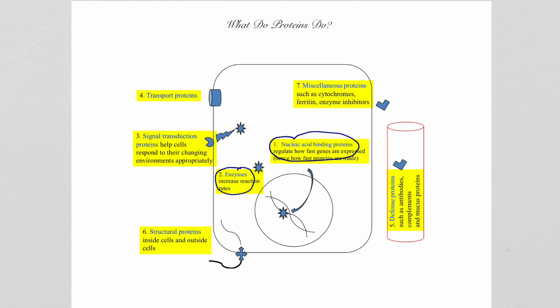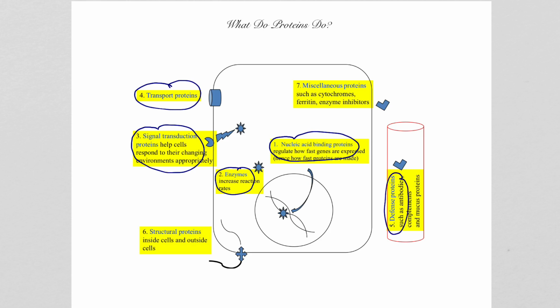They are catalysts. Signal transduction proteins help cells respond appropriately to their changing environment. Transport proteins bring all kinds of chemicals into the cell and transport chemicals out of the cell or in and out of their organelles.